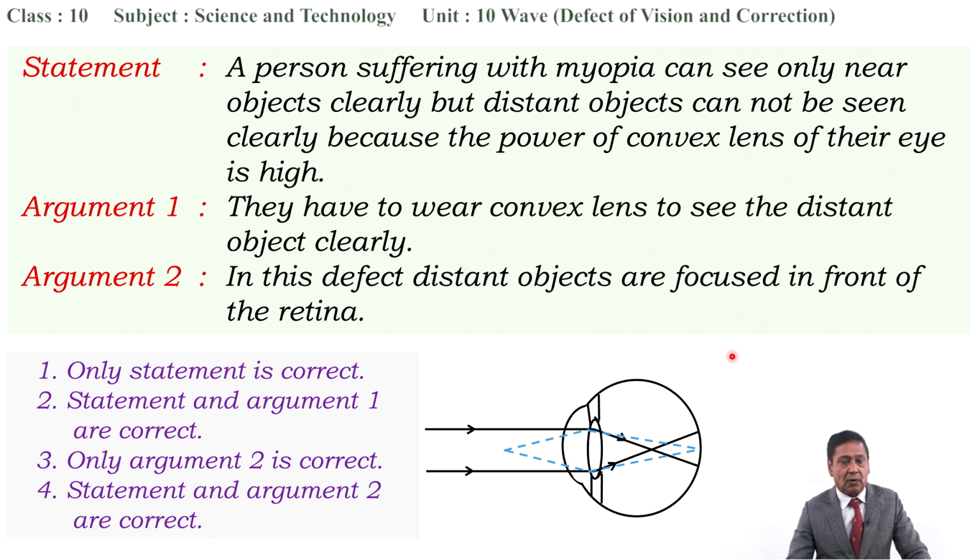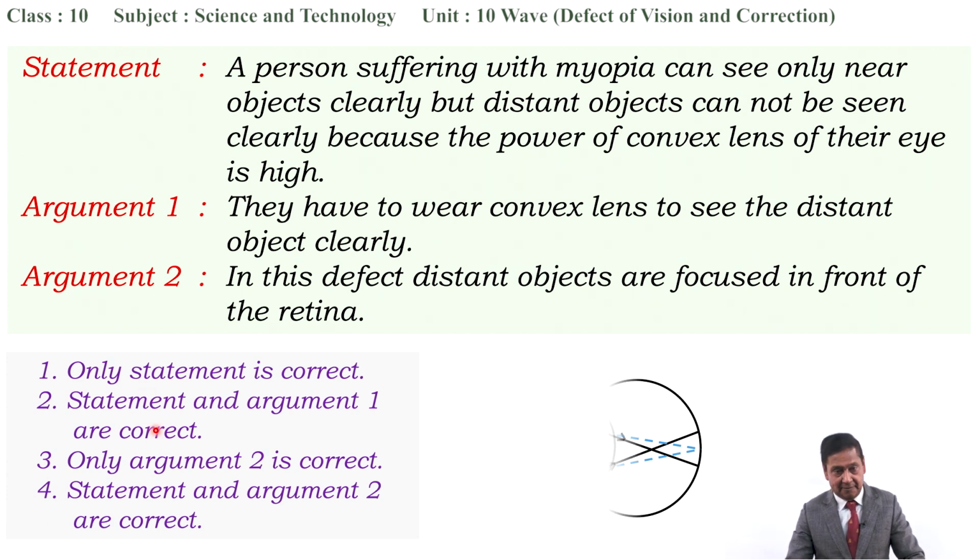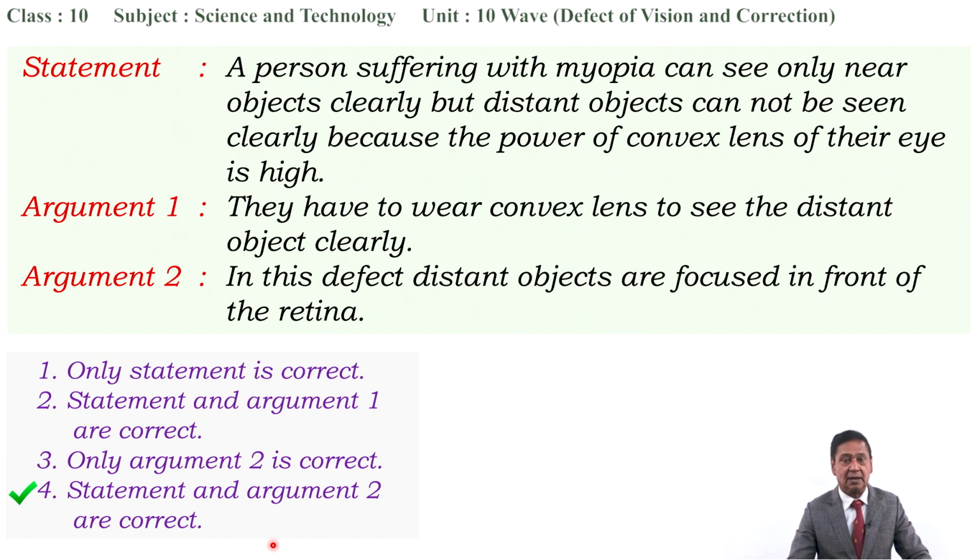Distant objects are focused in front of the retina. This is distant. Light rays are coming from a distant object. It is focused in front of the retina. Yes, this argument 2 is correct. It means the statement and argument 2 are correct. This option is correct. So we have to take it. This way we can find the correct answer, correct option.